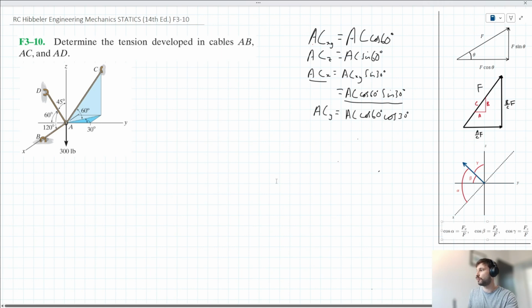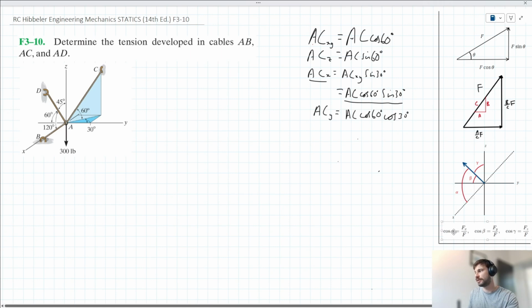We are going to use this idea that I've shown on the right-hand side. I talked earlier about coordinate direction angles. We have alpha, beta, and gamma, which describe the angles with the X, Y, and Z axes respectively.